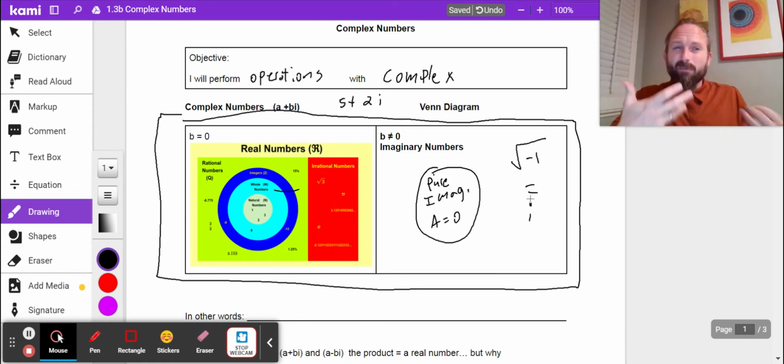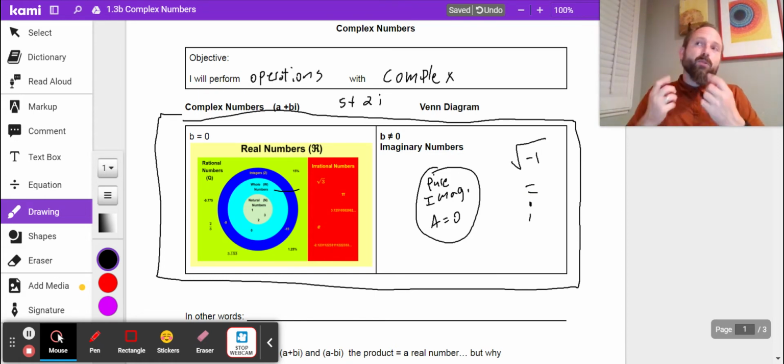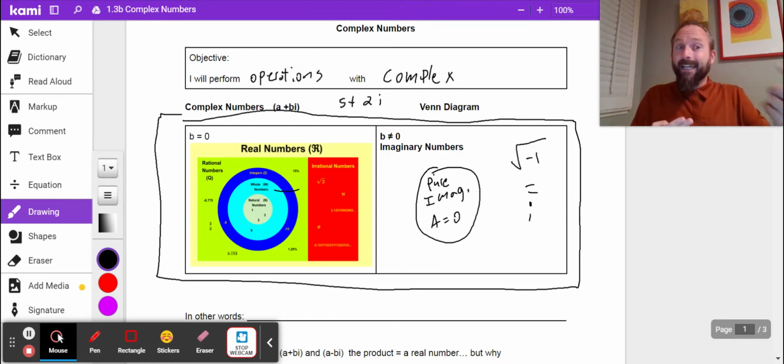It doesn't really work because if we try to figure out the square root of 4, it's both 2 times 2 as well as negative 2 times negative 2 will equal 4. But negative 1 times 1 equals not negative 1, and negative 1 times negative 1 equals not negative 1, but 1. So it doesn't work out.